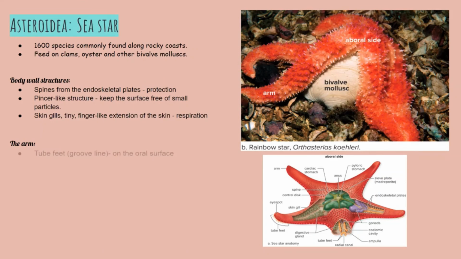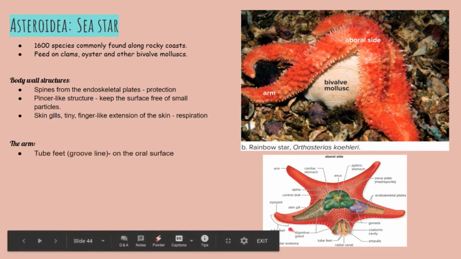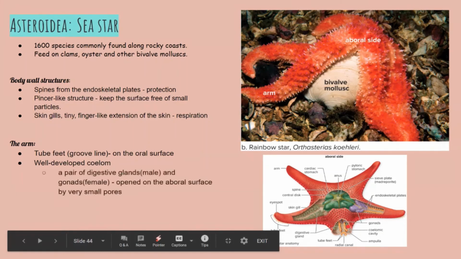Next, at the arm, there are tube feet that make a groove line on the oral surface, and also a well-developed coelom. So this is the coelomic cavity at the arm. And then here there is a pair of digestive glands, and also the gonads for male and female that open on the aboral surface by very small pores.